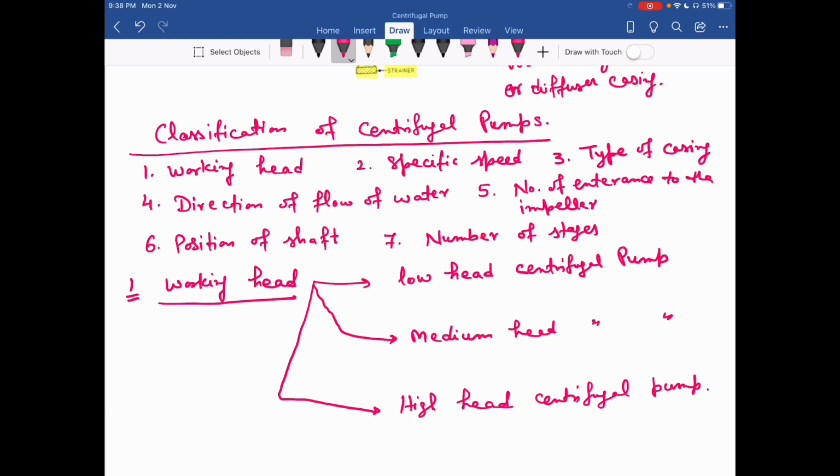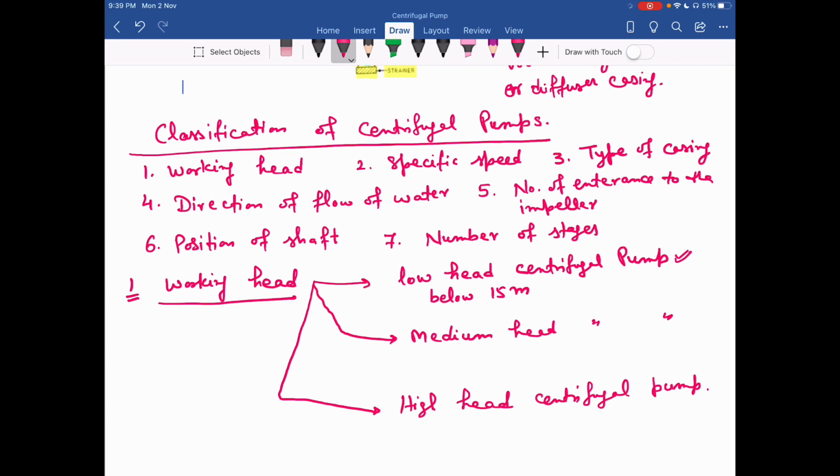Okay, so the low head centrifugal pump, this is normally a single stage pump. So here the working head is below 15 meters. Okay, so such pumps are used with spiral or volute casing without guide vanes. Okay, so these pumps can be either single section or double section.